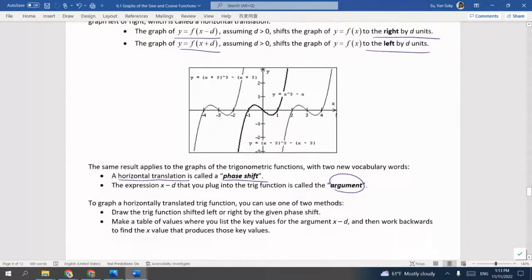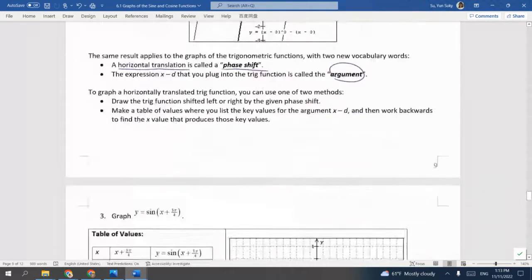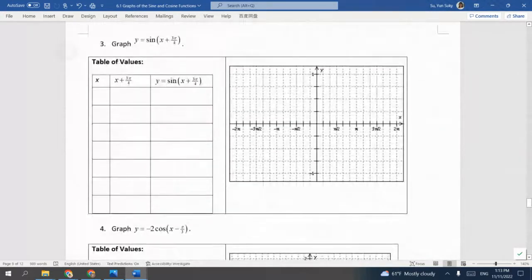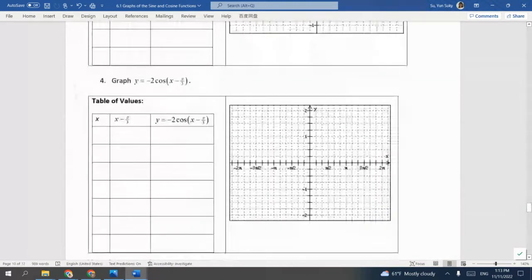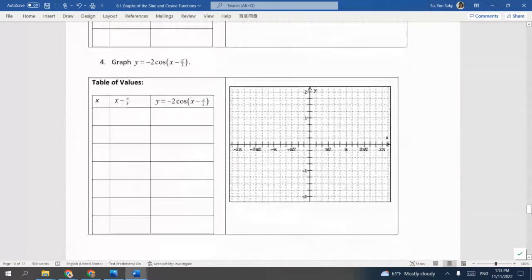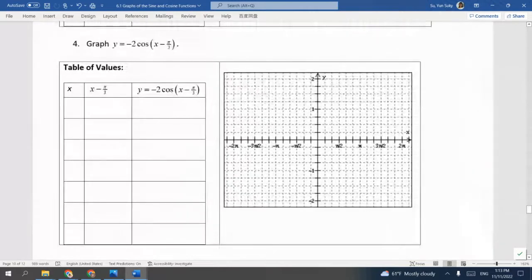So what do we do if there is a horizontal shift? Let's do page 10, number 4. So we select some problems to do. The rest, you can do at home as exercise.